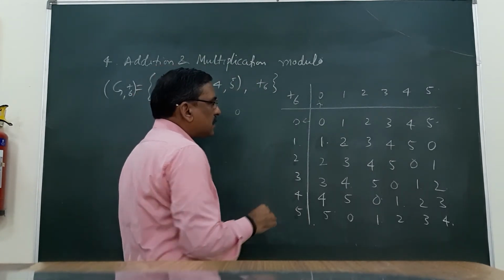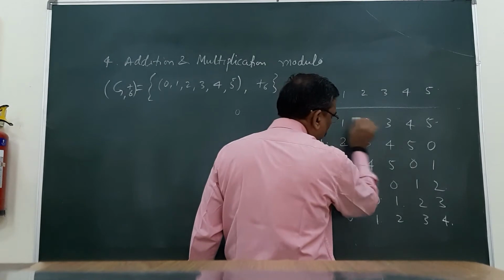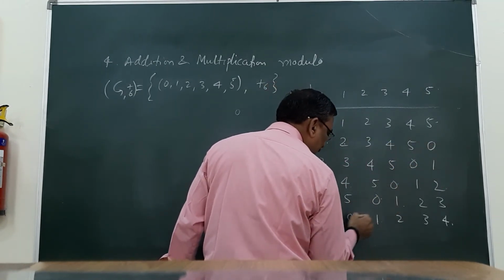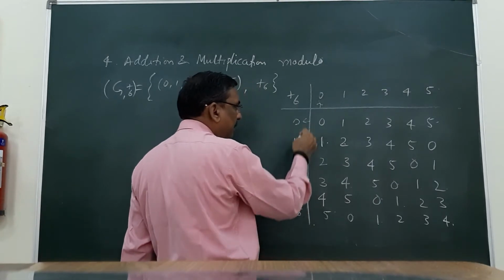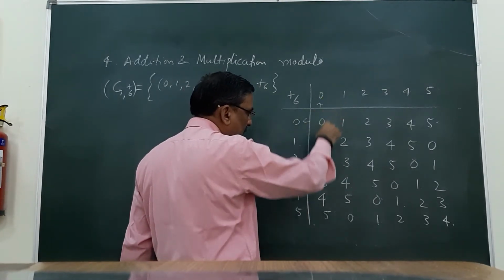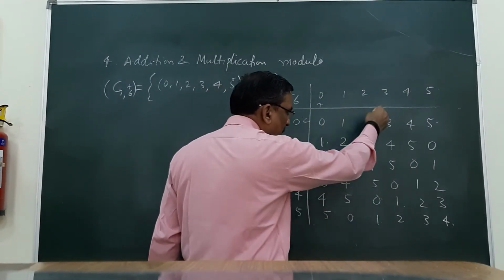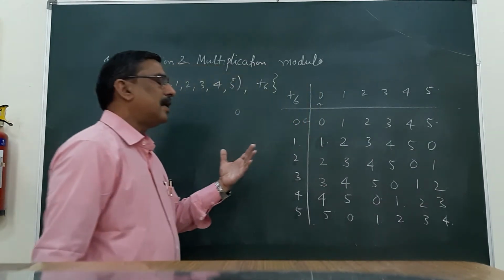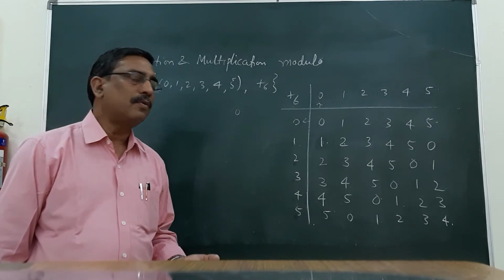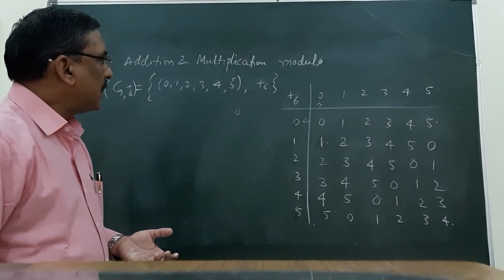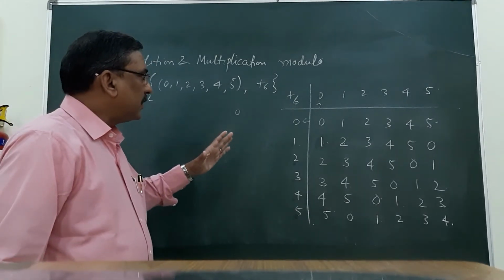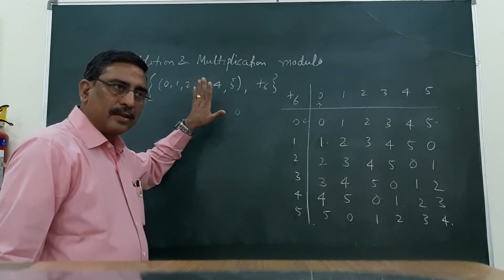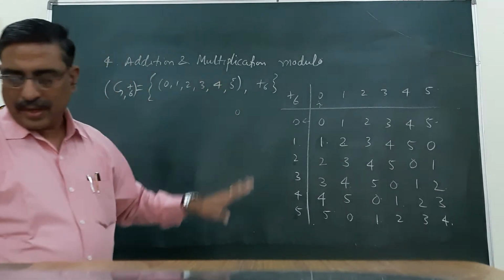And inverse: since every row contains the identity element, inverse exists for every element, left inverse as well as right inverse. Since 0 lies in every column, both left and right inverse exist. Hence this set forms a group.